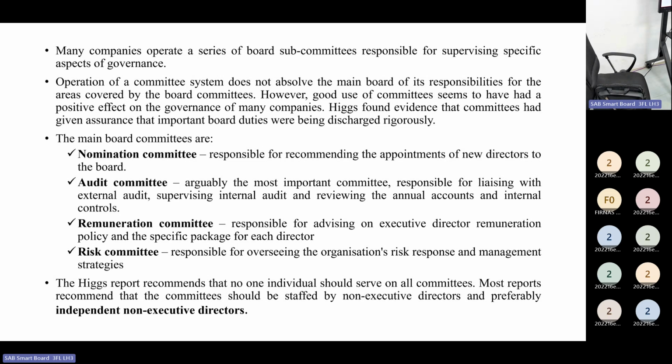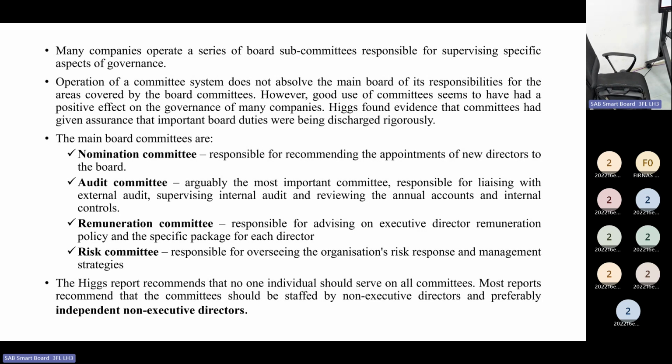So through these committees, what the board needs to do is being given to these committees to do in a rigorous manner. By appointing these committees, you are ensuring that the committee will focus 100% on that and do the task rigorously in the right manner. Okay.